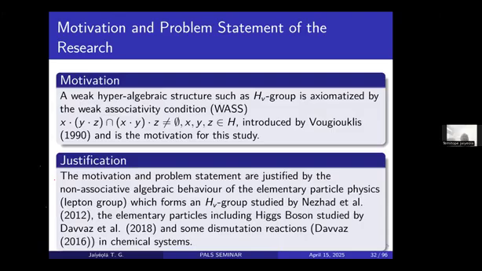The justification is that we are trying to check the non-associative algebraic behavior of some of the physical systems that have been identified to be HV groups. Two particular ones: the elementary particle physics lepton group, which I talked about earlier, forms an HV group. There is also a superset of it, the Higgs boson, and some dismutation reactions.